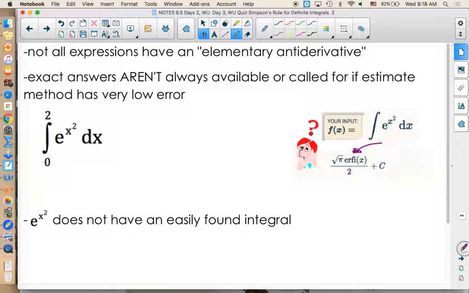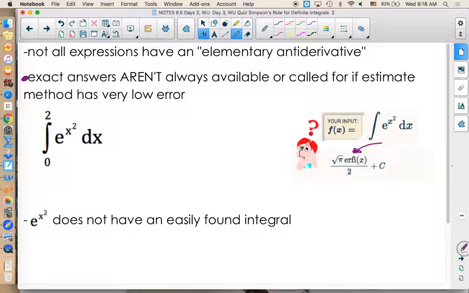So we need ways to work with things that we can't get into that high-level math on, but we could still have a close enough estimate. As long as we know the estimate has a pretty low error in math, we can work with that. So exact answers aren't always available or even practical, and math sometimes is willing to work with an estimate if it's got a very low error. We're realizing that Simpson's rule for curves has pretty low error.